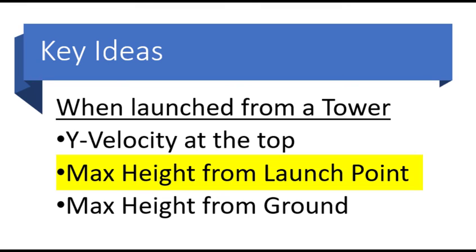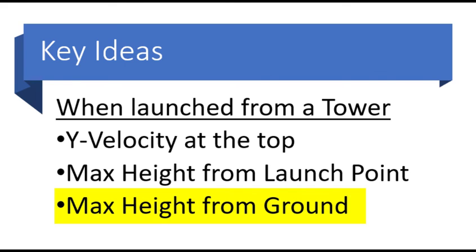To compute the maximum height, we use the third equation of motion and obtain the maximum y displacement from the horizontal line passing through the launch point. The total maximum height from the ground level would be the tower height plus the maximum height from the launch level.